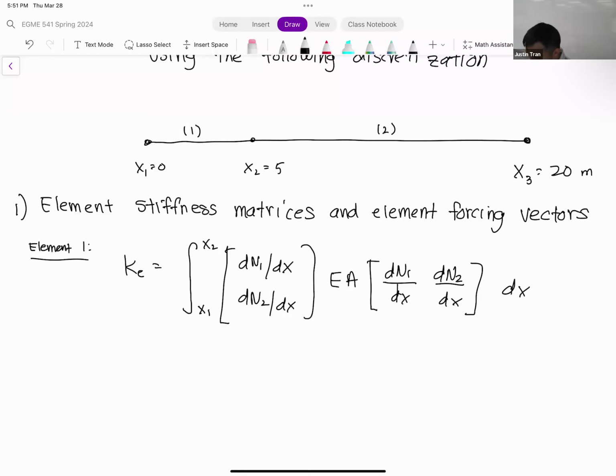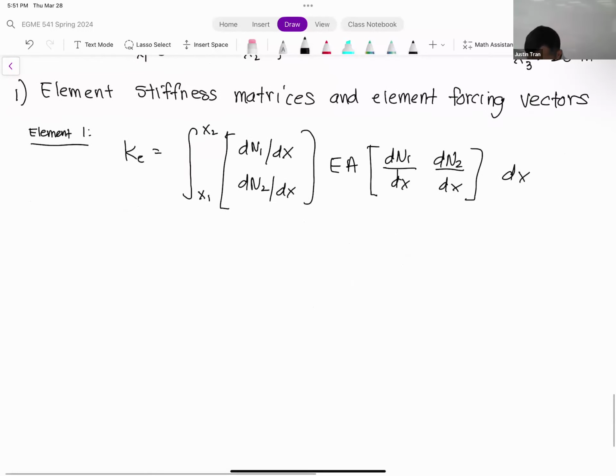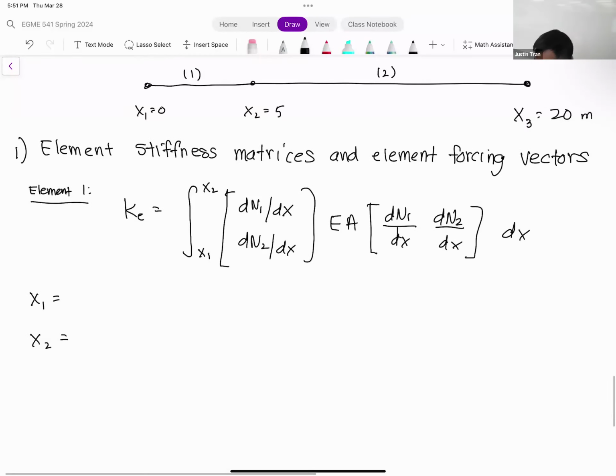Let's go ahead and plug in all the entries here. First, let's note the endpoints. What are we integrating between? If we look at element 1, the x value for the left node is 0, and the x coordinate for the right node is 5. So x1 is equal to 0, x2 is equal to 5.